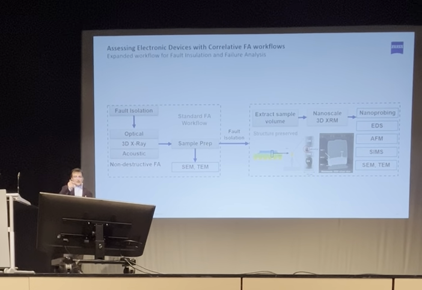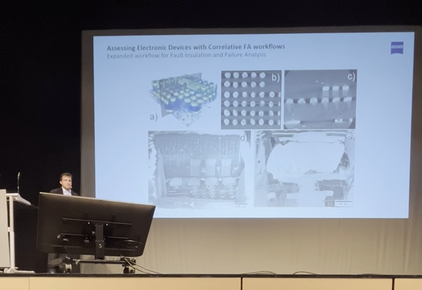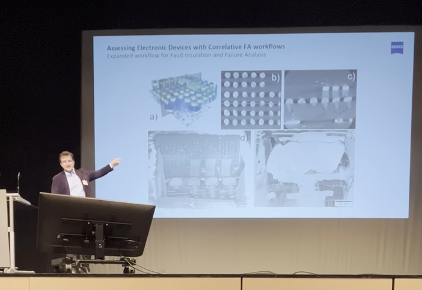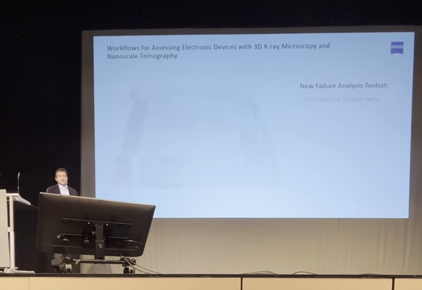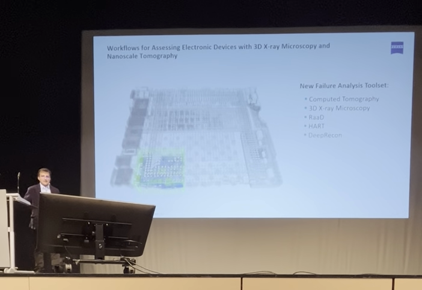But that's after you actually isolate the feature that has the defect, and you could do other types of investigations with a destructive method, as illustrated here, in which you can see how you go from 3D X-ray to an SEM image.